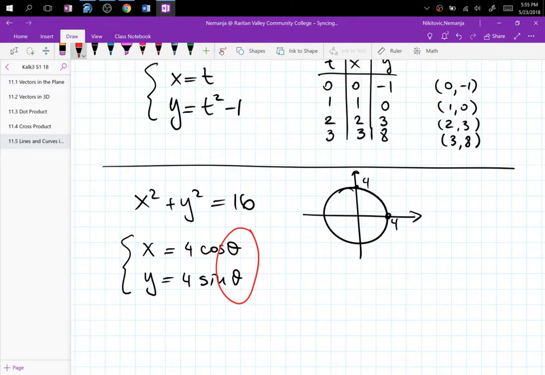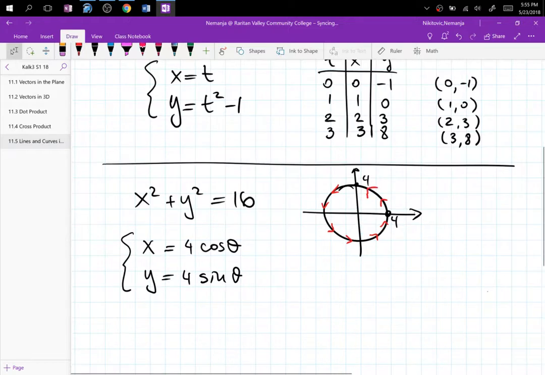So we get something else for free. And in this case, it would be the direction of motion along the line. If you are using this parametrization, the direction of motion is going to be counterclockwise along the circle.